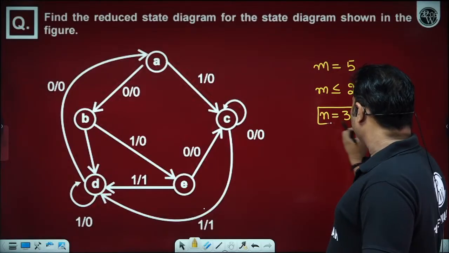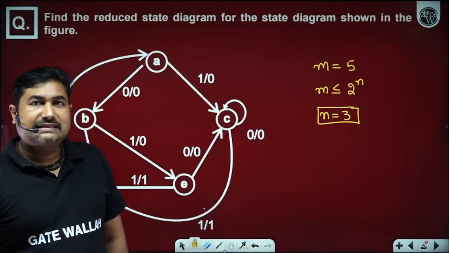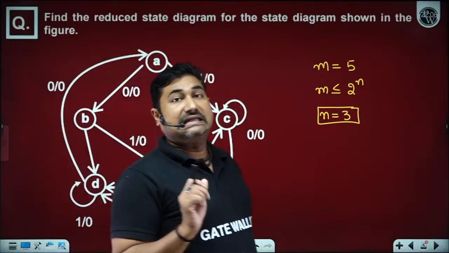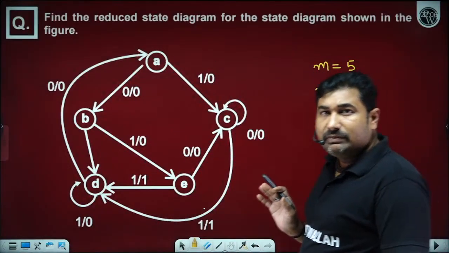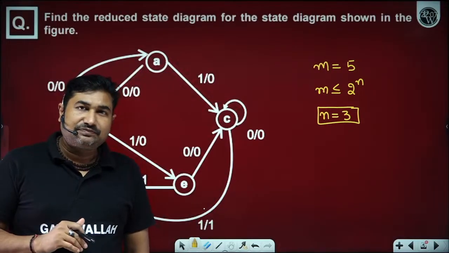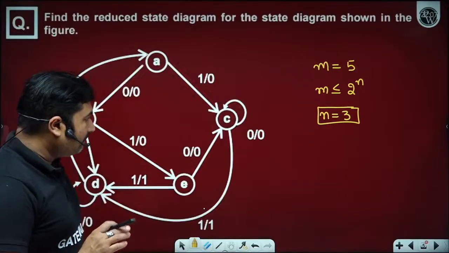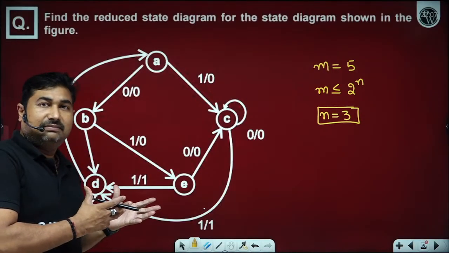It means if you have to design a state machine having 5 different states, then the minimum number of flip-flops required will be 3. How many of you are able to understand? Yes, sir. But we need to examine this particular state diagram.